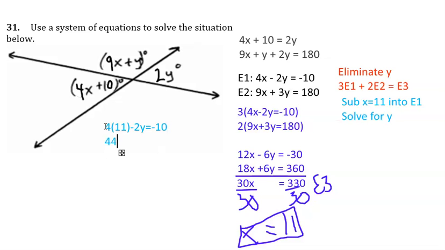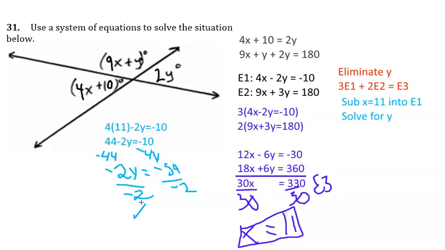We have 44 minus 2y equals negative 10. Subtract 44 from each expression, both sides. So now we have negative 2y equals negative 54. Divide each term by negative 2. And we get y equals 27.